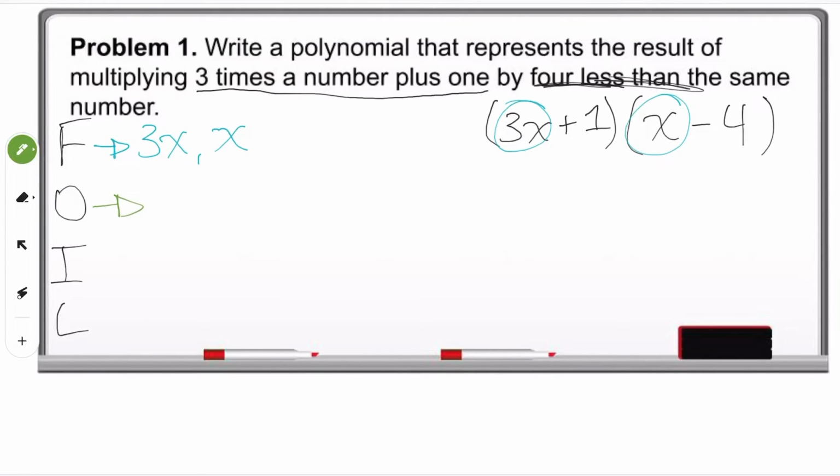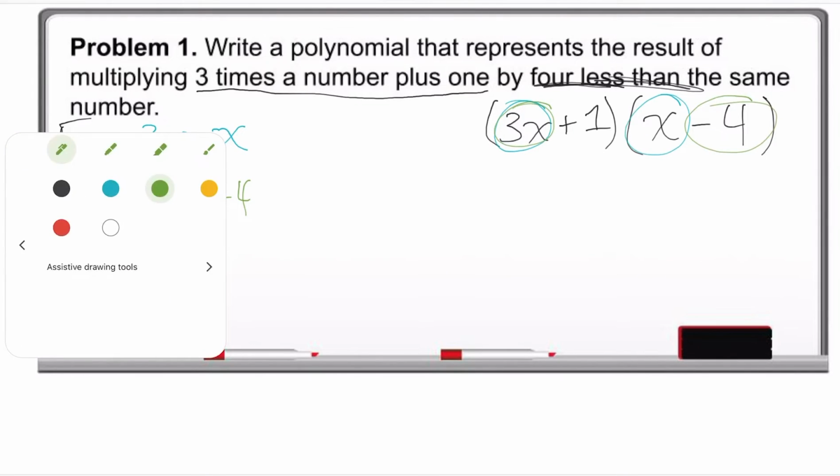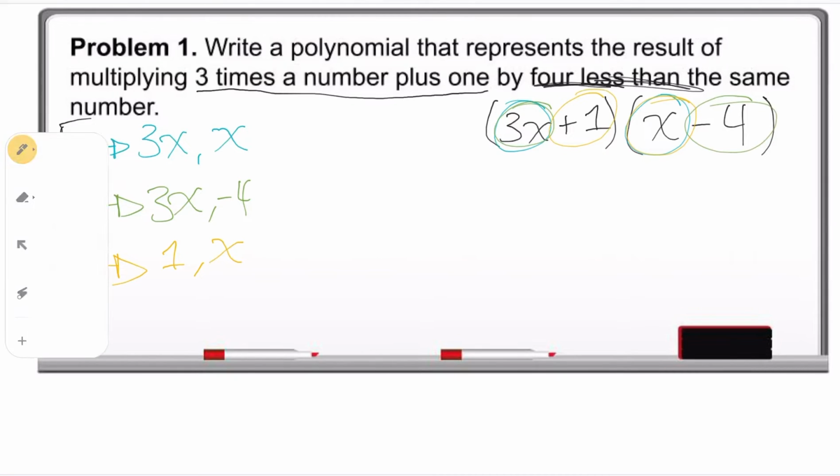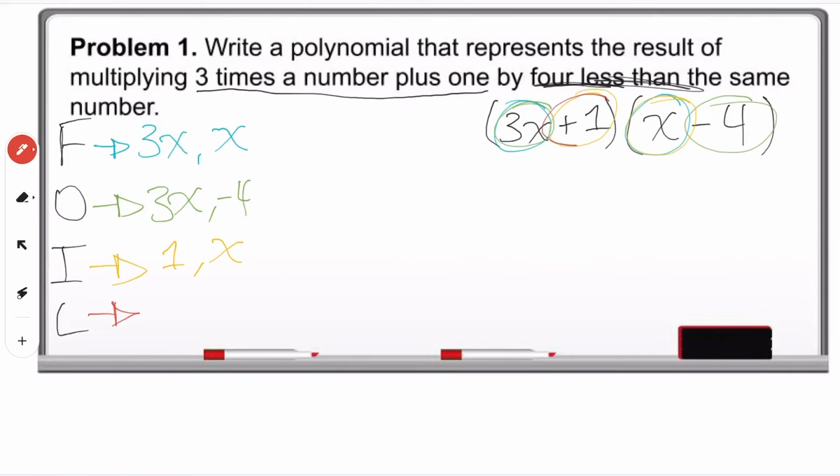And then our outside terms, we have 3x and negative 4. When you see a subtraction sign in front of a constant or a coefficient, that implies that it's negative. And our inside terms, we have positive 1 and positive x. And our last terms, we have positive 1 and negative 4.